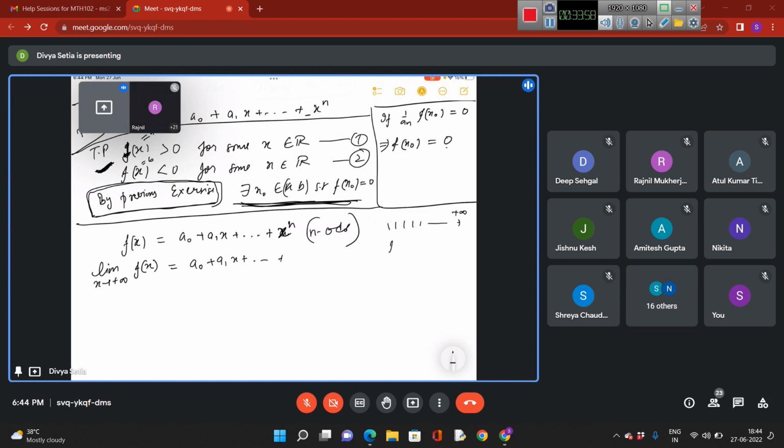So now you want to see what happened to your f of x. X is going to plus infinity. You want to see what happens to f of x. So now tell me what happens to f of x if x tends to plus infinity.